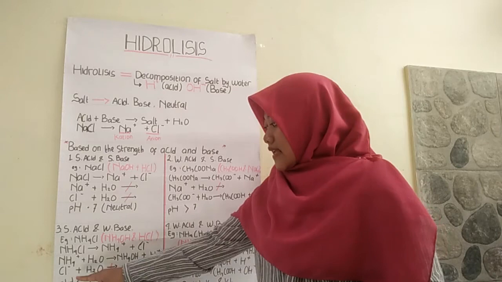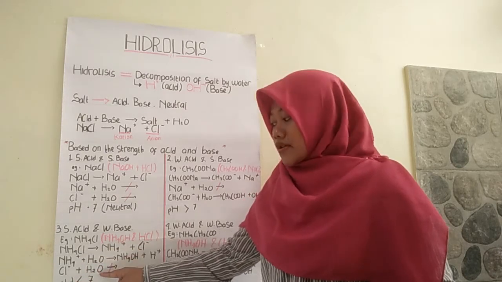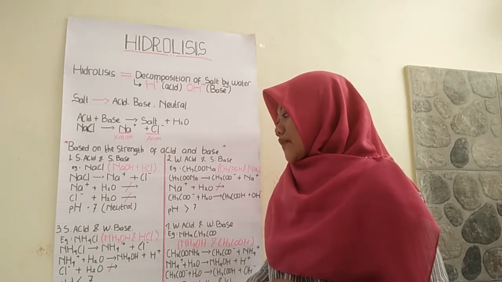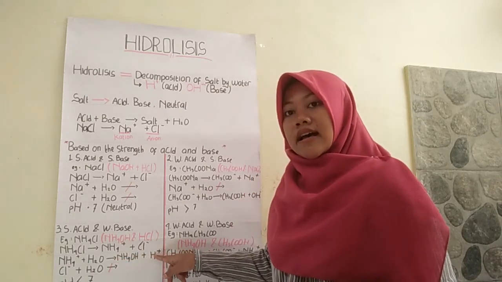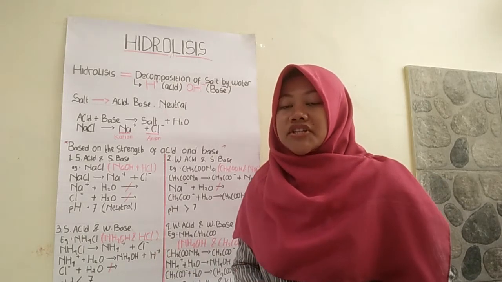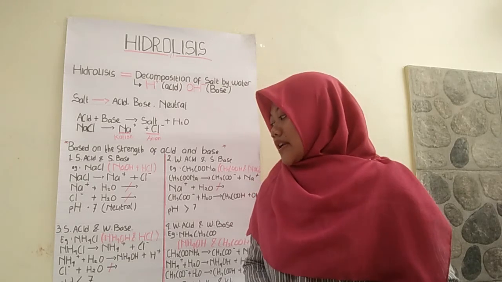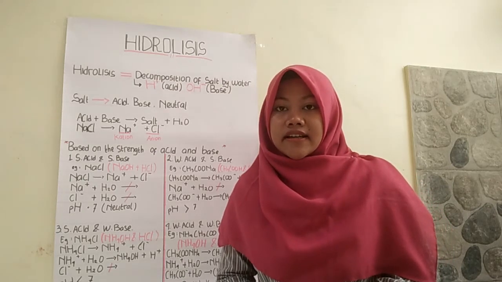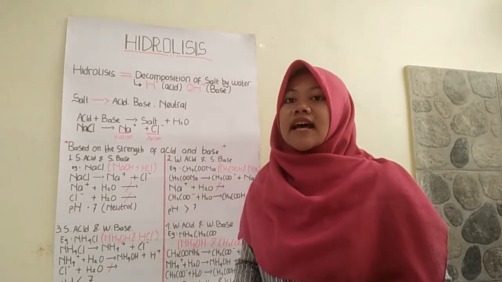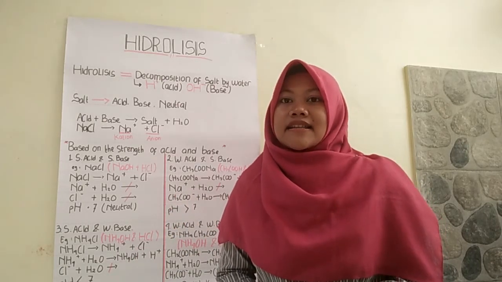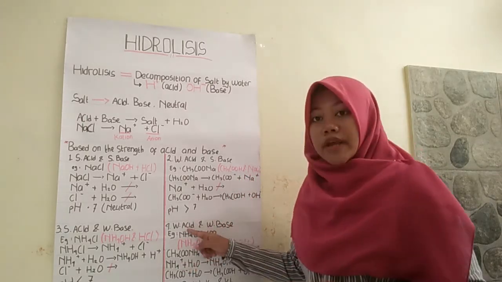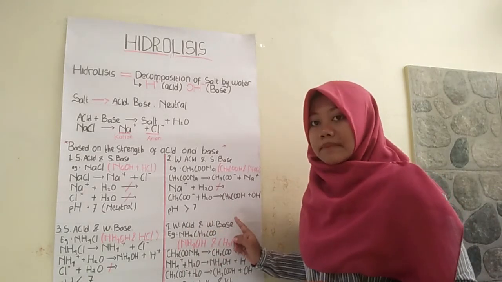And then Cl minus reacts with water, it is not a reaction. So this is a hydrolysis reaction. So the pH of ammonium chloride is less than 7. So the characteristic of this solution is acid salt.